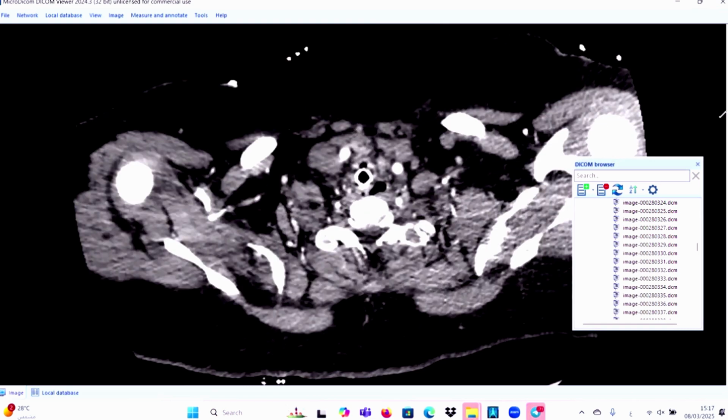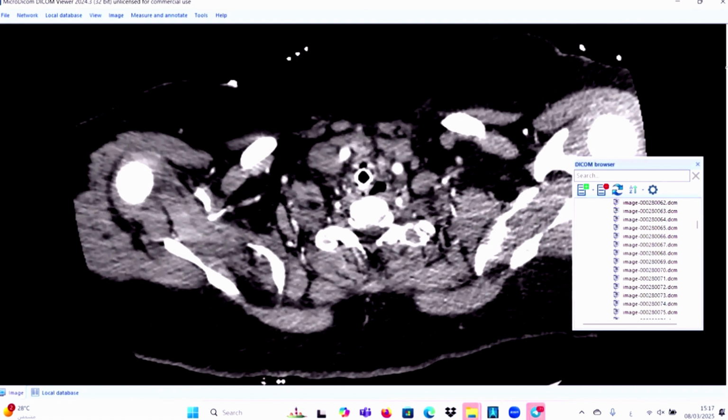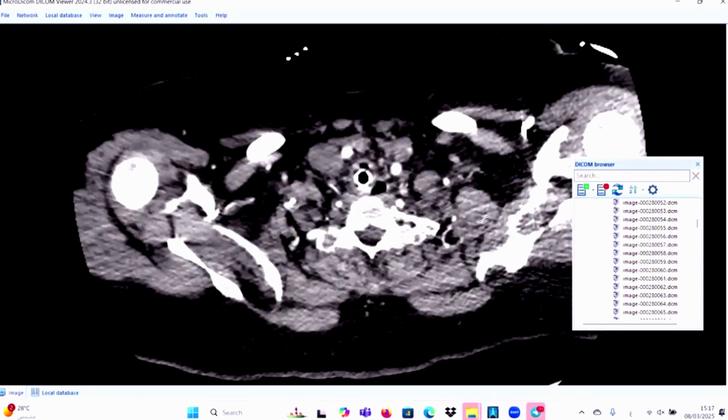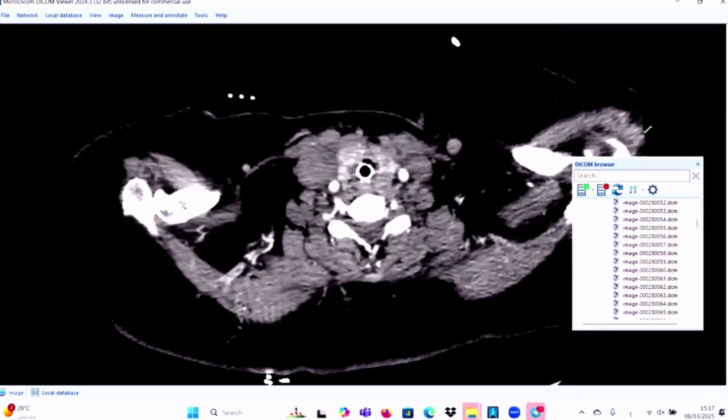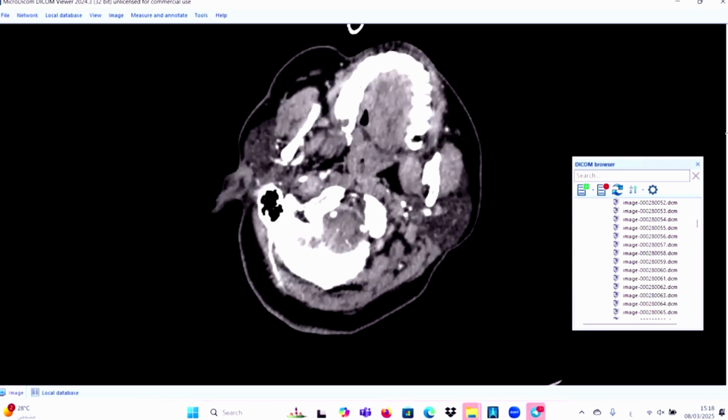Let us review our findings, and let's go by the posterior circulation. We have here both vertebral arteries. Both vertebral arteries are patent. If we trace the vertebral arteries from down to above, they are patent, and the intracranial segments of the vertebral arteries are patent.